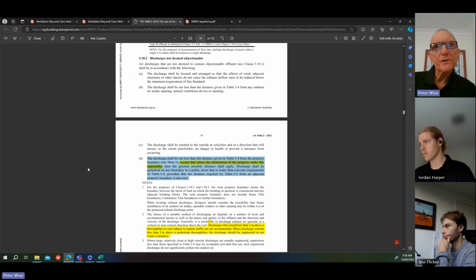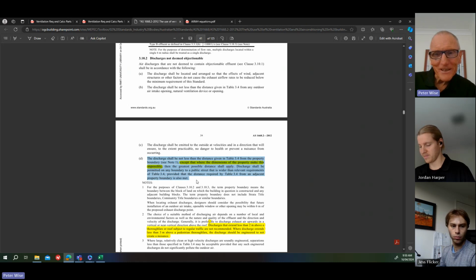So D, the discharge shall be not less than the distance given in table 3.4, which we just talked about, from the property boundary, except that where the dimensions of the property make this impossible, then the greatest possible distance shall apply. So what does that mean? That means if you can't comply with the code, then maybe you don't have to.